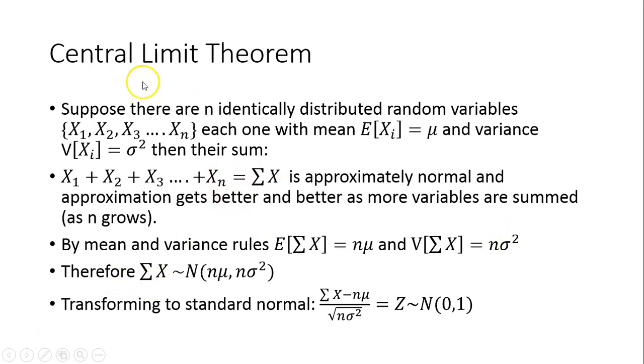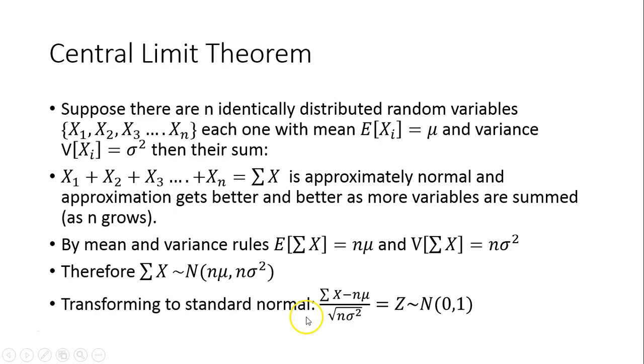And therefore, by the central limit theorem, for a big n, this sum of the x's, which you can call z in this case, for example, is distributed normal with a mean of n times mu and a variance of n times sigma squared, like this.